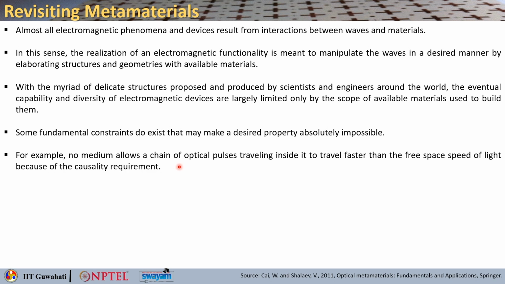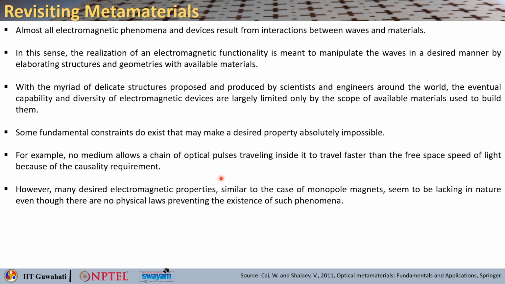Say no medium can allow a chain of optical pulses to travel at a speed faster than the speed of light in the vacuum, because of the causality requirement. Okay. However, there are many other desired electromagnetic properties, something similar to the case of monopole magnets seeming to be lacking in nature, but there are no physical laws that basically prevent such phenomena from existing. So, those kinds of things you can try to build in this metamaterial world.